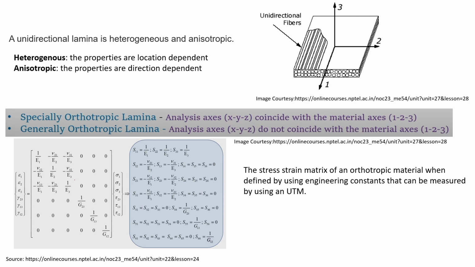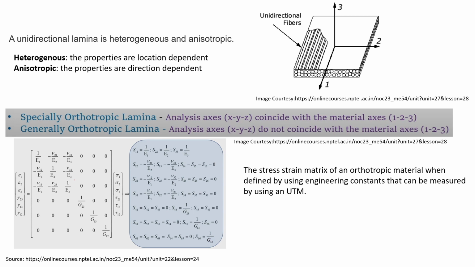And when it is not aligning with the global axis, that means if there is some angle, then it is generally orthotropic lamina. So specially orthotropic laminae are those which have 0-90 kind of fiber alignment, and generally orthotropic laminae are those with some angle.